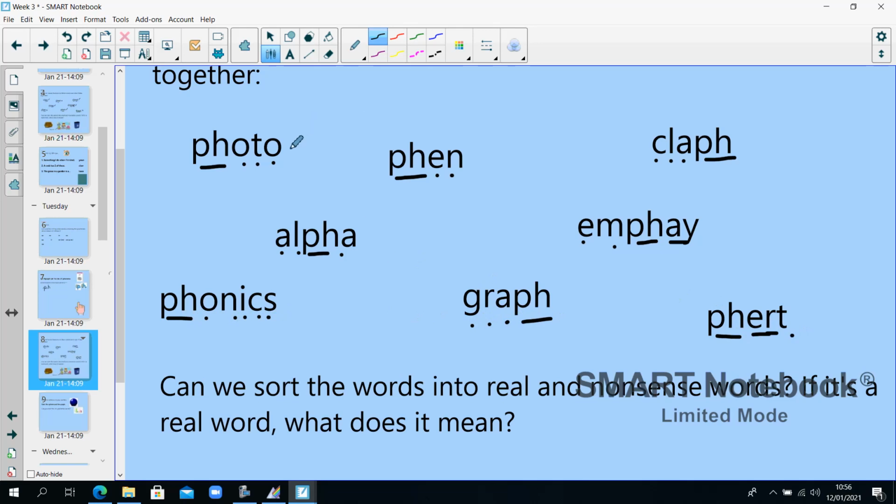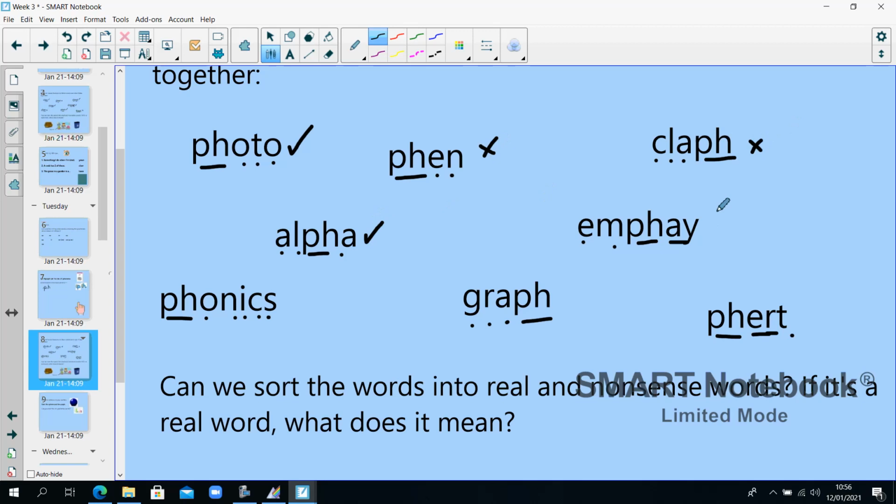Real or nonsense? Photo is a real word. Photo is a picture we've taken. Fen. Spelt like this, fen is a nonsense word. Claff. Claff is a nonsense word. Alpha. Alpha is a real word.